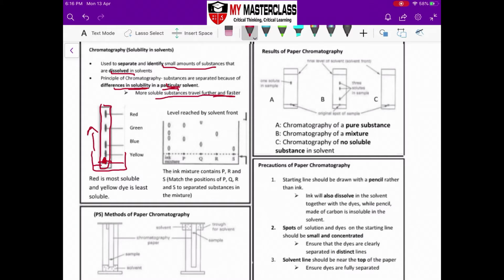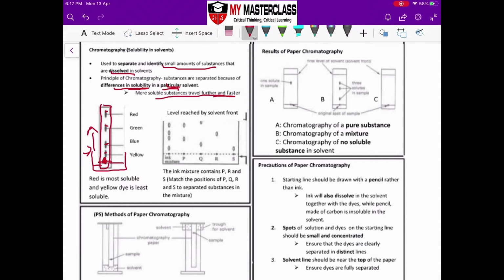So when it gets absorbed up the chromatography paper, it will form some dots along the way. It forms, actually in this case, maybe 4 dots, for example. These 4 dots represent that there are actually 4 components inside the sample ink originally. Each component maybe will show a different color.